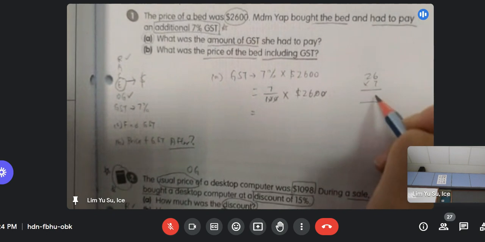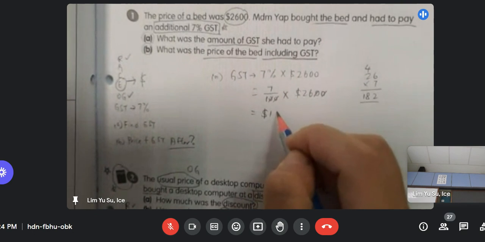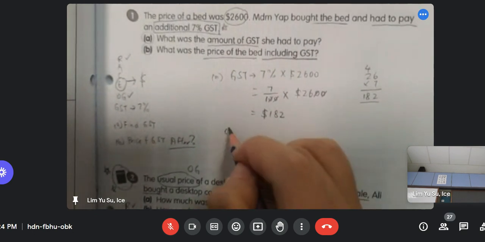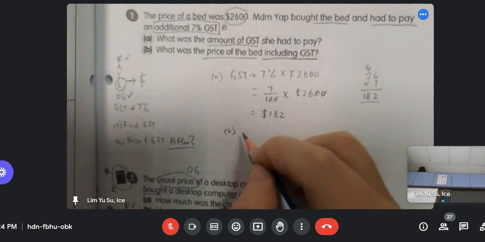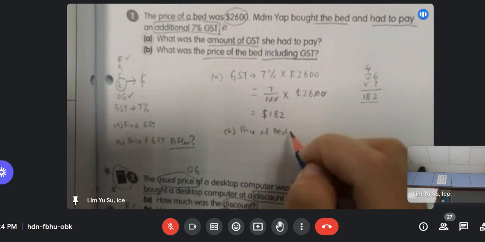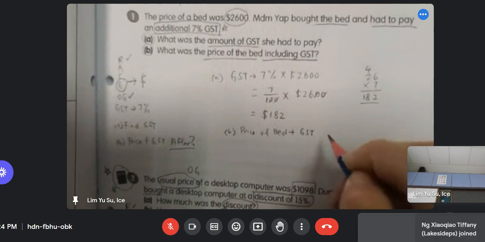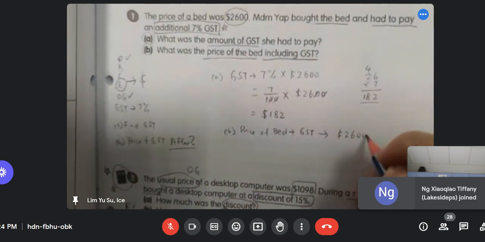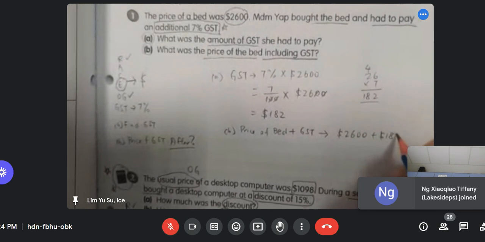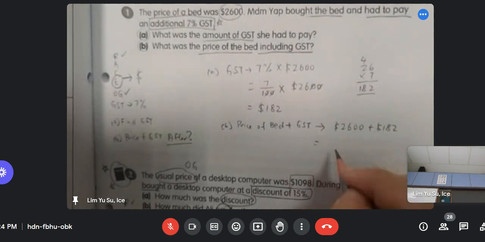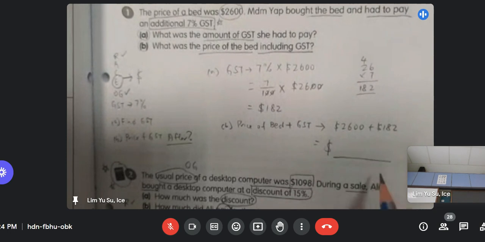Make sure you have space for working and you write in the units. So A is done, move on to B. B, price of bed including GST, is price plus GST. Original price plus the GST amount. Dollars and you got the answer.